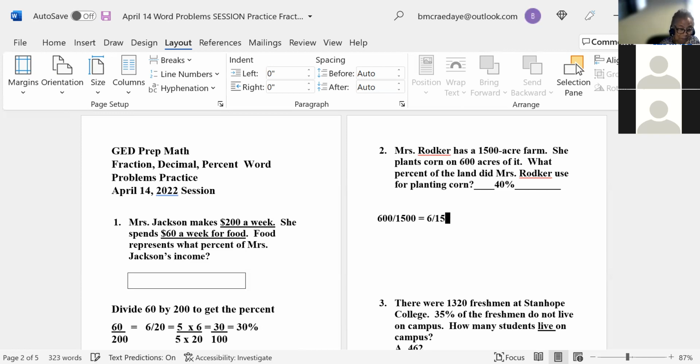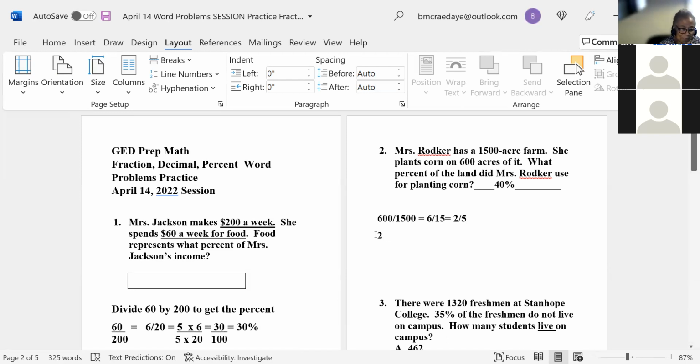What I would normally do is eliminate the zeros in the numerator and the denominator. Because 6 over 15 remains, it can be reduced. 3 goes into 6 two times, and 3 goes into 15 five times. So you get 2 over 5. That's the fraction.